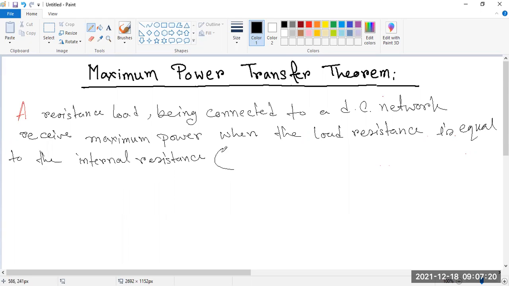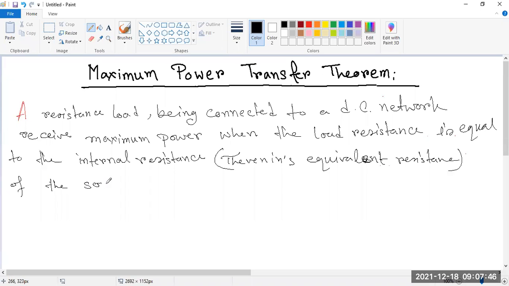Internal resistance is the Thevenin's equivalent resistance of the source network as seen from the load terminals.